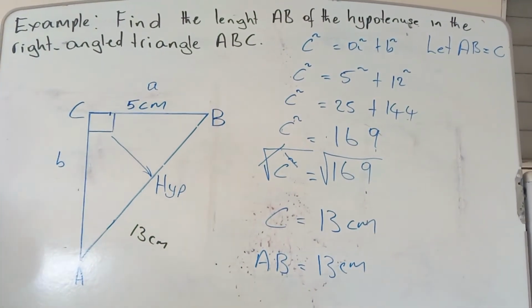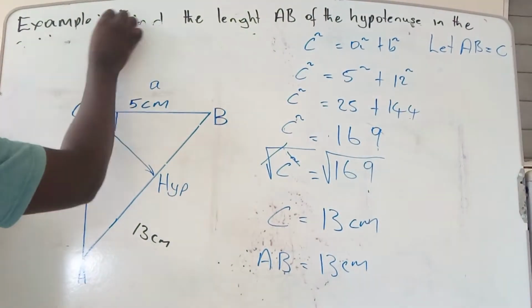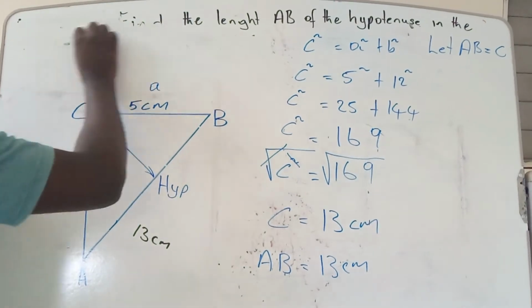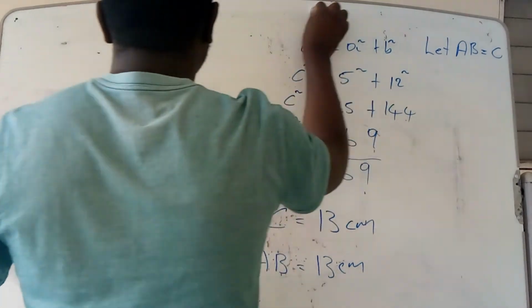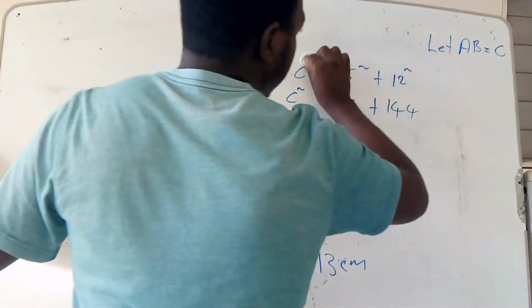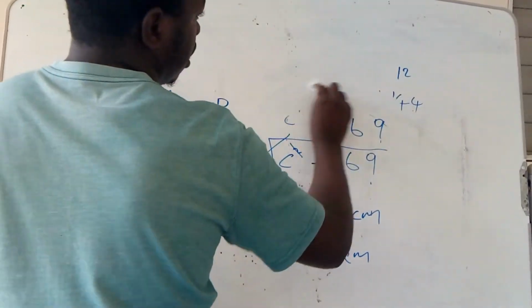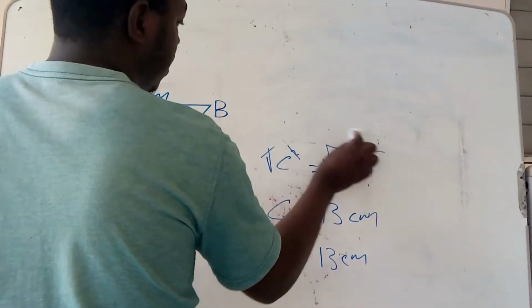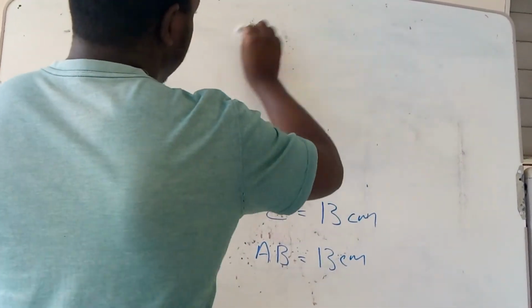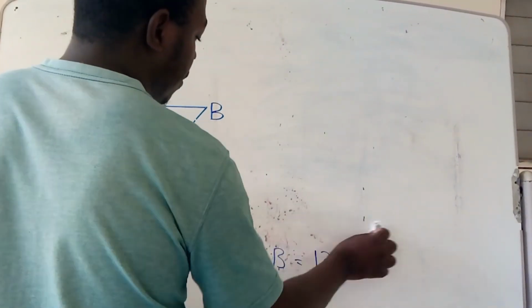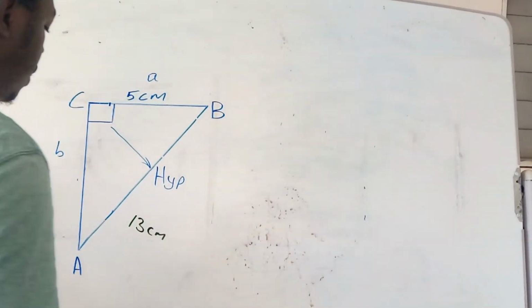Let me just rub off this now, because we are just going to play around with this triangle, so I don't want anybody to get confused. We would have solved this part of the question. So we are now going to play around with this triangle and the lengths, to see what is going to happen with them, to see if we can understand the concept and how to apply the Pythagoras theorem correctly.